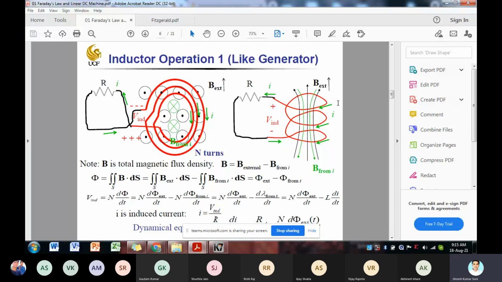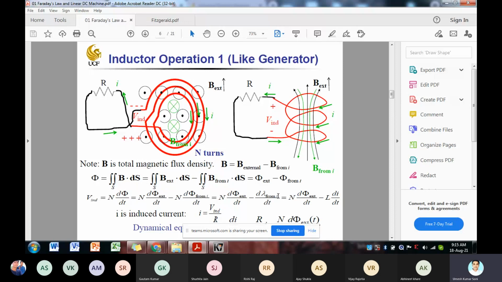Okay, some flux will go outwards to infinity, and most of the flux lines will emerge from this coil and again enter into the coil. So total flux linkage N phi from I will be equal to lambda from I. This is the total flux linkage.